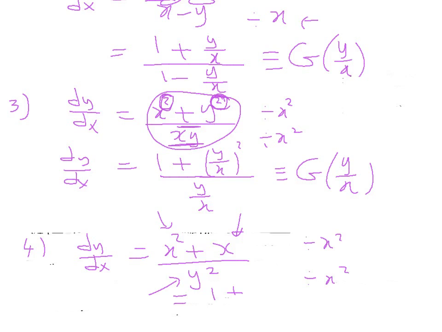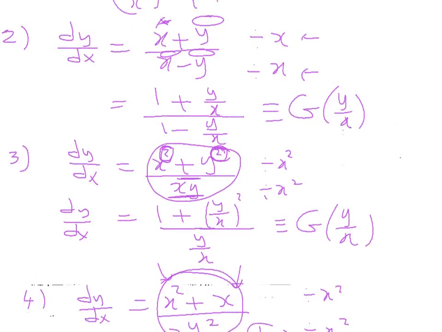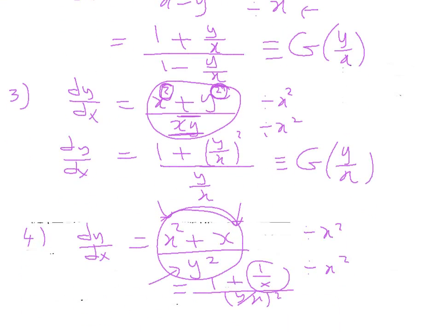For example, if you divide by x squared, this will be 1 over x. This will be y over x squared, that's okay, but this has a problem. Because the terms are of different degrees, for sure we know from the beginning that it is not a homogeneous differential equation.